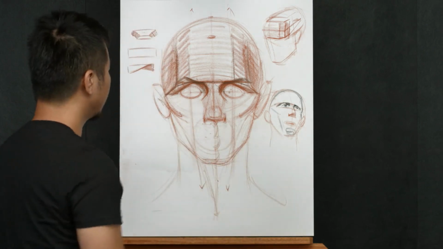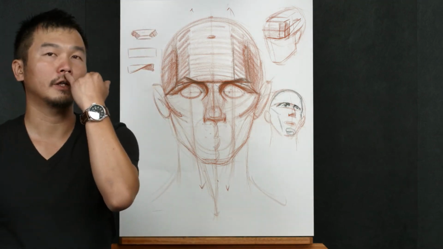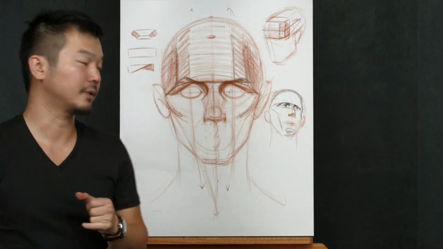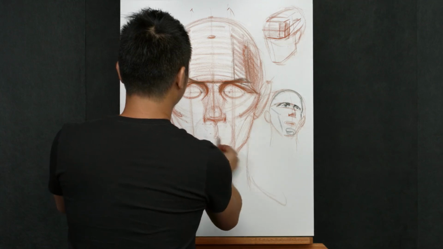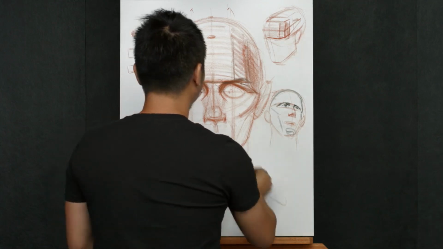About a third. Sometimes you can use the little channel right underneath the nose, called the philtrum, to see where the top of the lip is, or you just use this third.